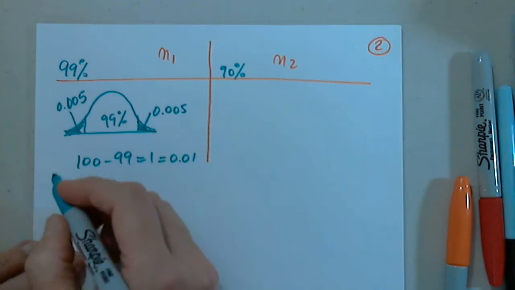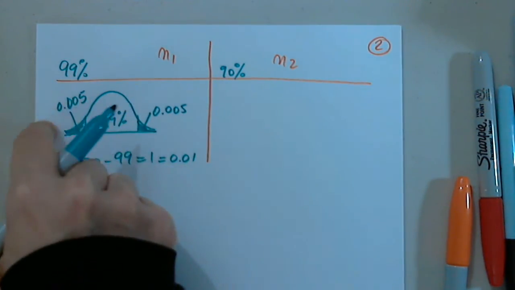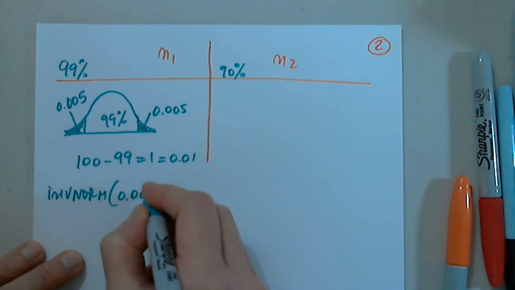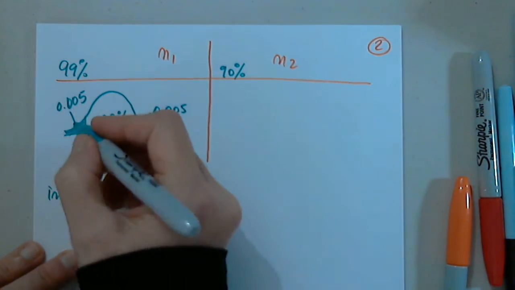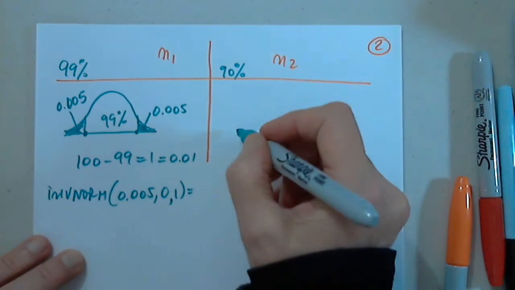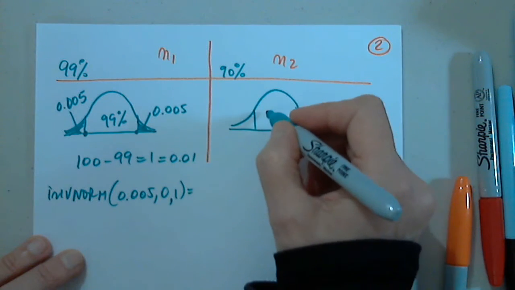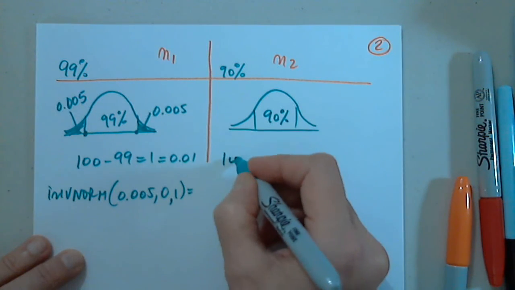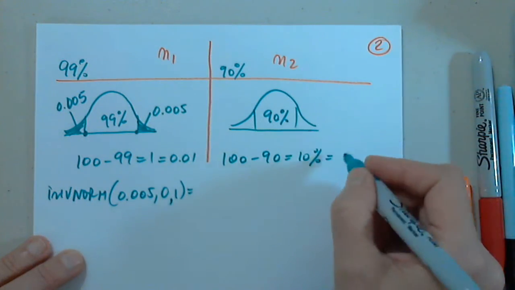So I have to use inv norm, the area to the left, 0.005, of course, 0 and 1. And I get this and this, the negative and the positive. The same thing on this side. It's just this time I have 90%. So again, 100 minus 90% is 10%, which will be 0.1.